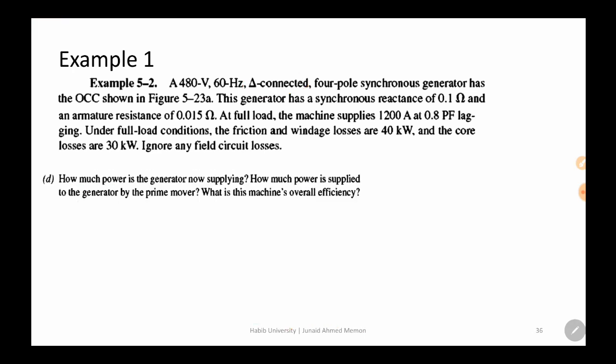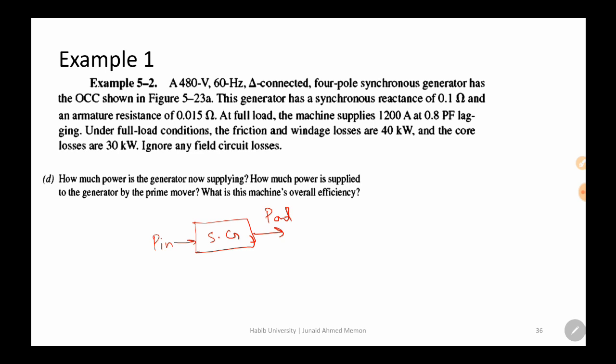Okay, so we have one more part, which is how much power is the generator now supplying, and how much power is supplied to the generator by the prime mover? And what is the machine's overall efficiency? So we have a synchronous generator, we have a Pin and we have a Pout.